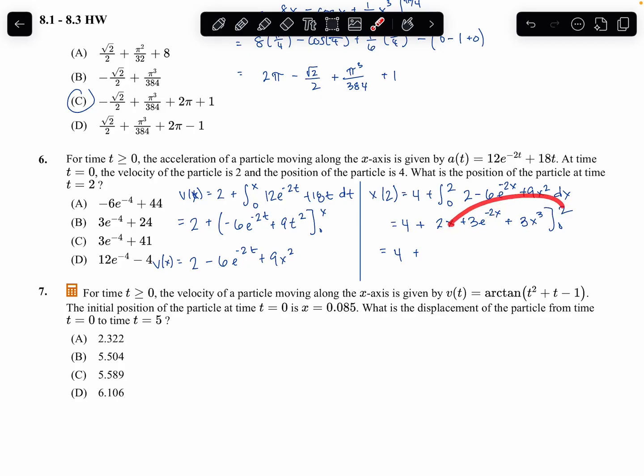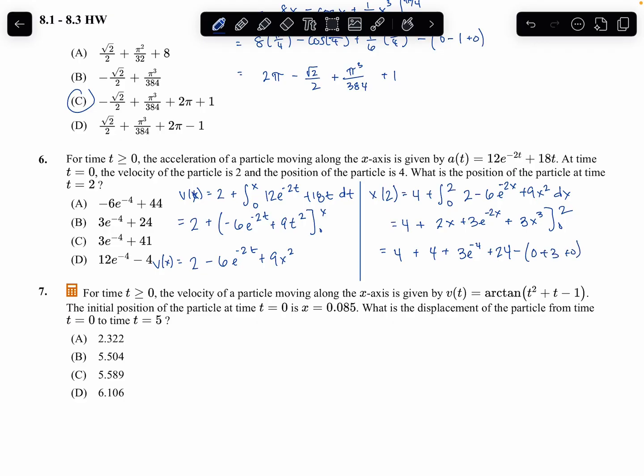So if I plug in 2, we get 4 plus 3e to the negative 4 plus, that becomes 8 times 3, so plus 24, minus, and now we plug in 0. This 4 doesn't count as part of my antiderivative, by the way. Plugging in 0 here becomes 0, and plugging in 0 here makes this 1, so then plus 3, and then plus 0.